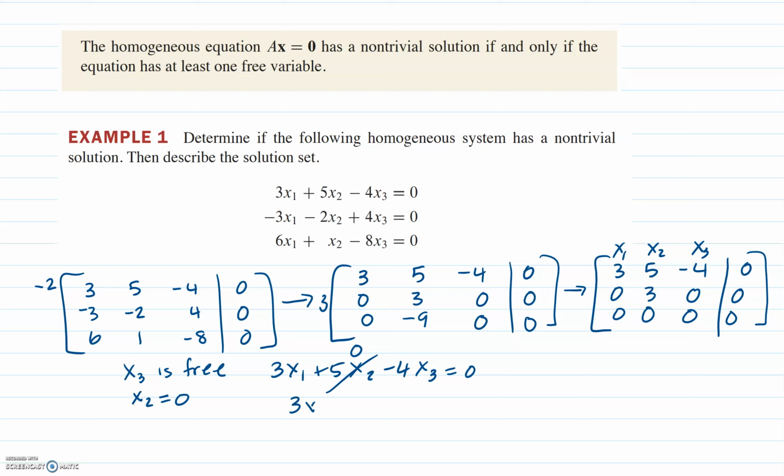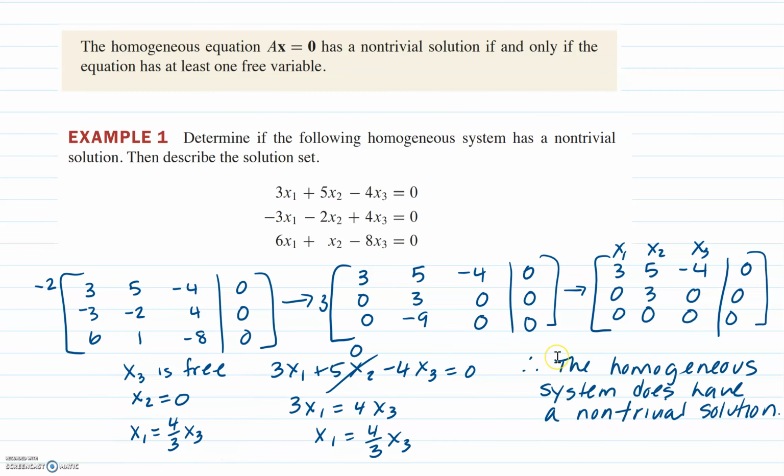So I'd have 3x1 equals 4x3, or x1 equals 4/3 x3. Now I could have row reduced this further, but since that was simple to do, I decided to just stop here. So there's our solution: x1 is 4/3 x3, in terms of x3.